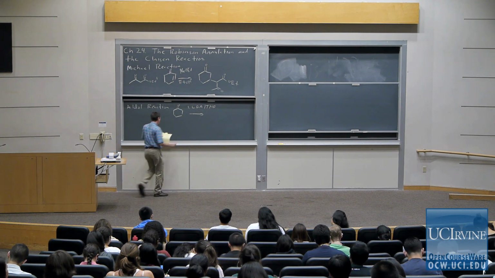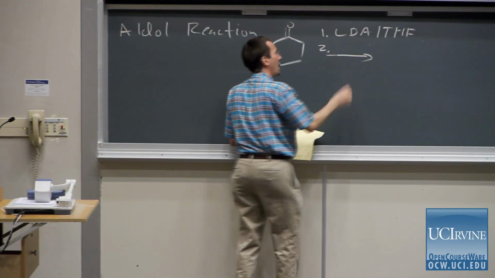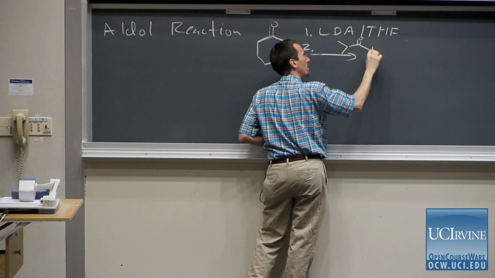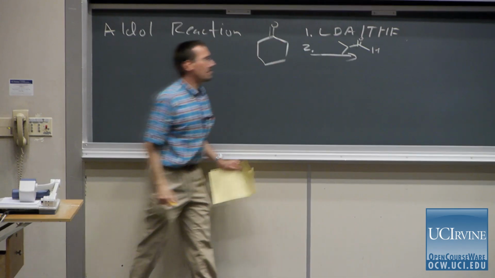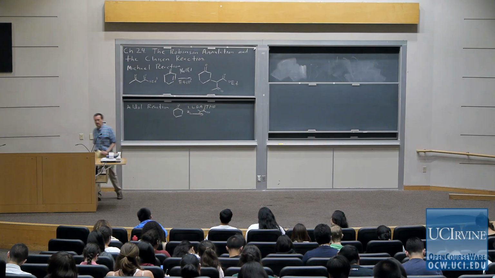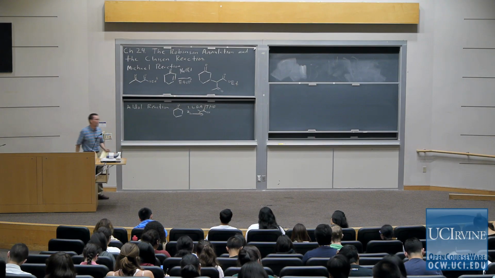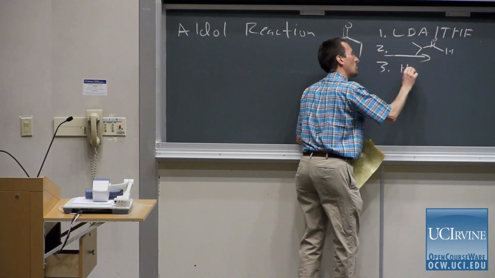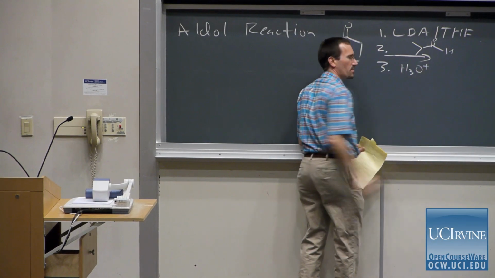And then in a second step, we add a ketone or aldehyde. I said this is a very general recipe. And I used isobutyraldehyde in this particular example, 2-methylpropanal. And then we carry out an aqueous workup. In one case I wrote aqueous ammonium chloride.